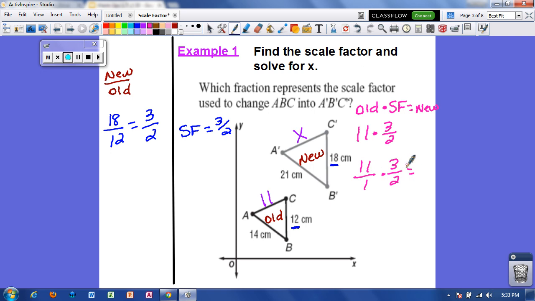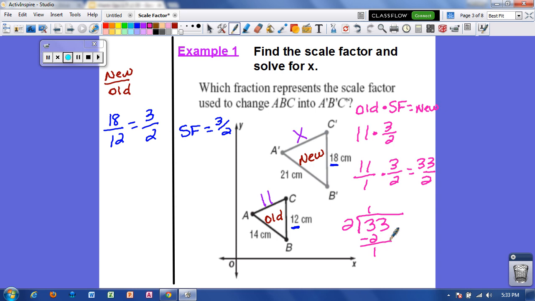I'm going to multiply across with numerators. 11 times 3 is 33. And then I'm going to multiply denominators. 1 times 2 is 2. So I have 33 over 2. And I'm going to change that to a decimal. So remember, numerator divided by denominator changes a fraction to a decimal, and top dog goes in the house. So 2 goes into 3 one time.